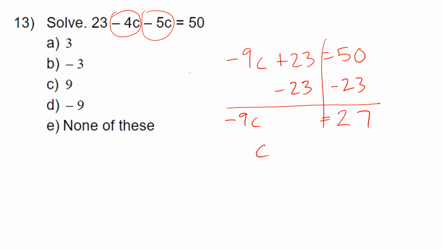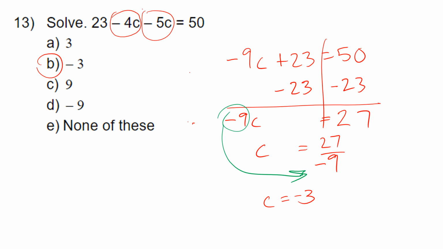Great. So c is going to equal 27 divided by negative 9. You have to divide by the exact same number. So 27 divided by negative 9. So that means c is equal to negative 3, right there.